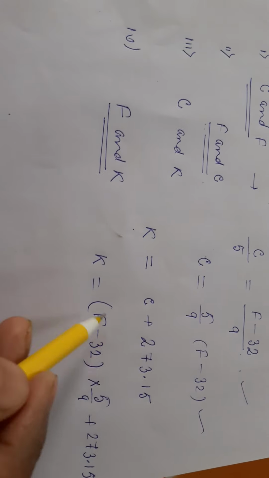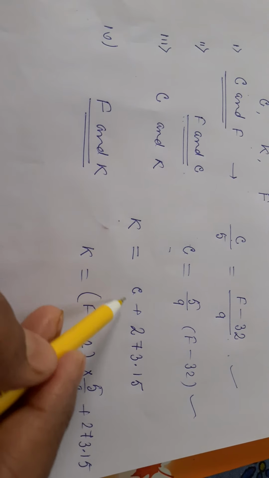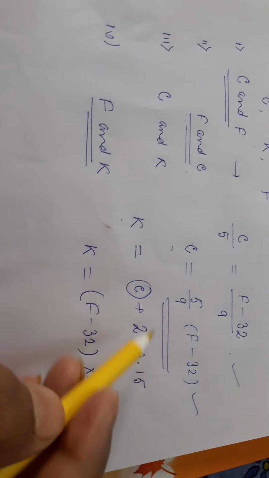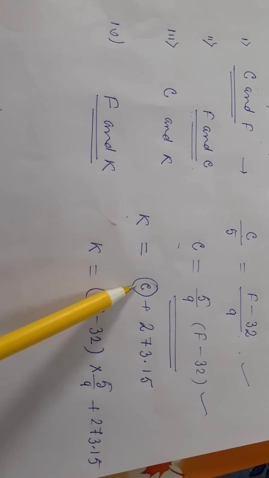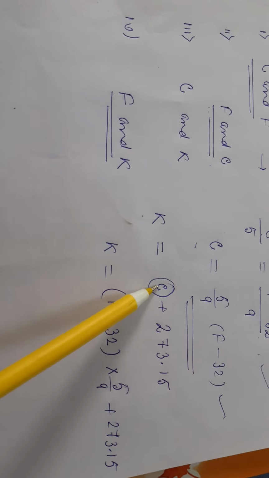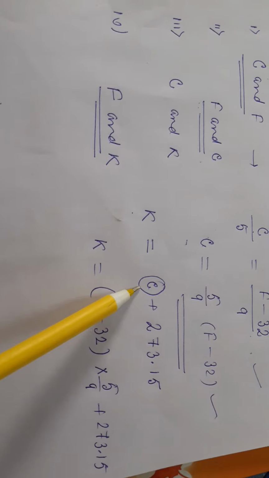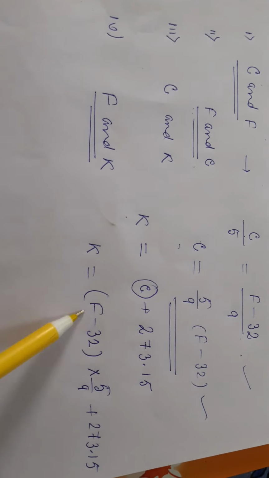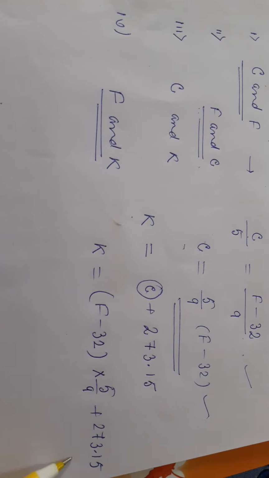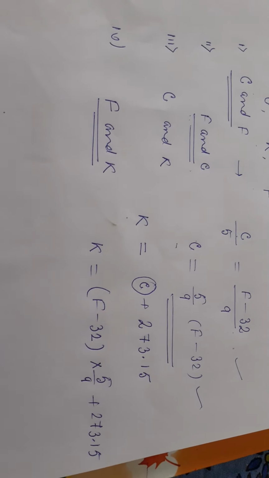That means F minus 32 into 5 by 9 is the value of C, and this value of C we are putting here. So all the Celsius is converted to Fahrenheit, and the 273.15 is already present. So K is equal to this. This is the relationship between these two. From here numerical will come in the exam.